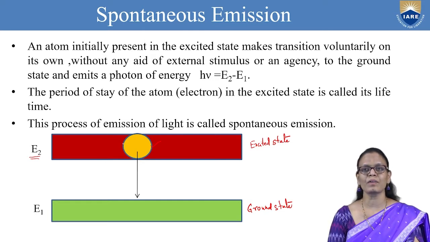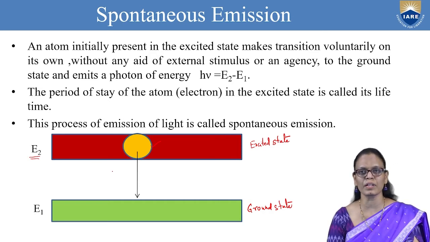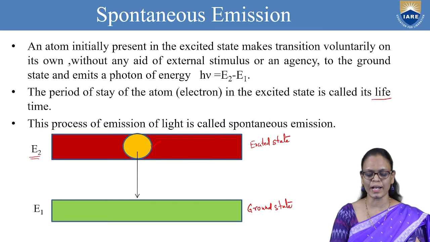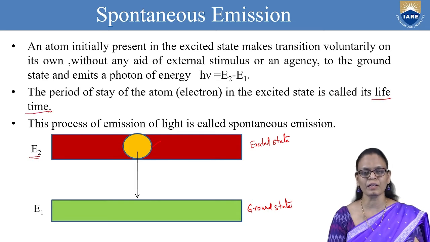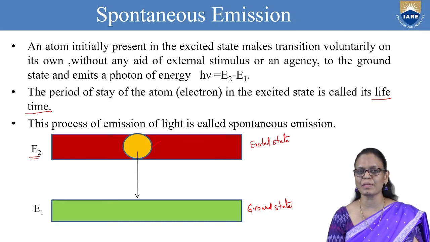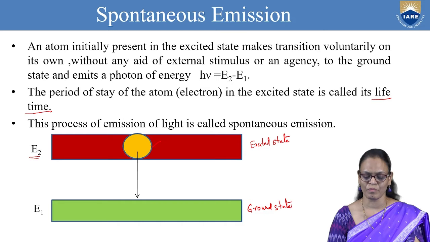This atom cannot stay in the excited state for a longer time. It can stay there only for a limited time, which we call its lifetime. After the lifetime is over, the atom will automatically, or spontaneously, come to the ground state.